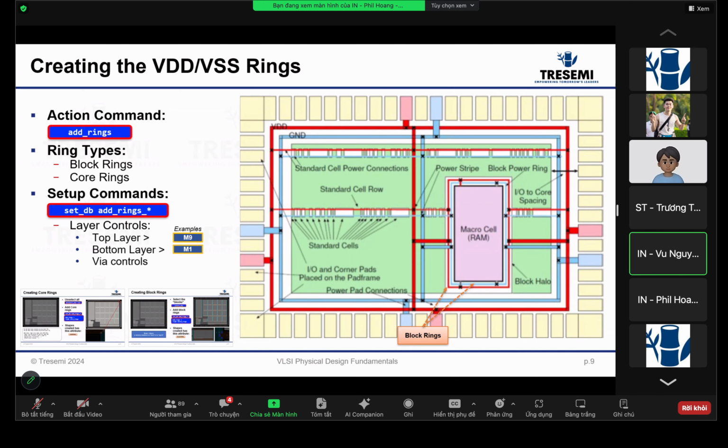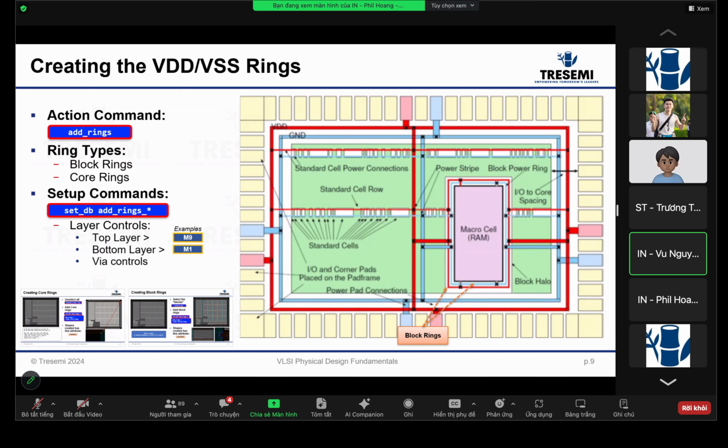But the signal only switches from 0 volt to 0.3 volt. So those are two examples of IO pads that have a lower voltage than the VDD core. Very good. Thank you, Vũ.